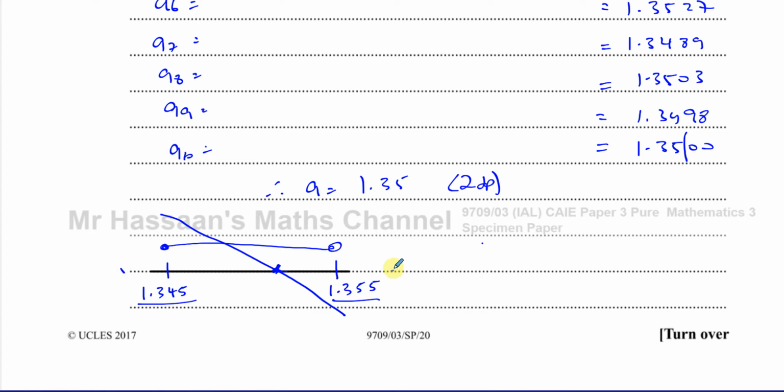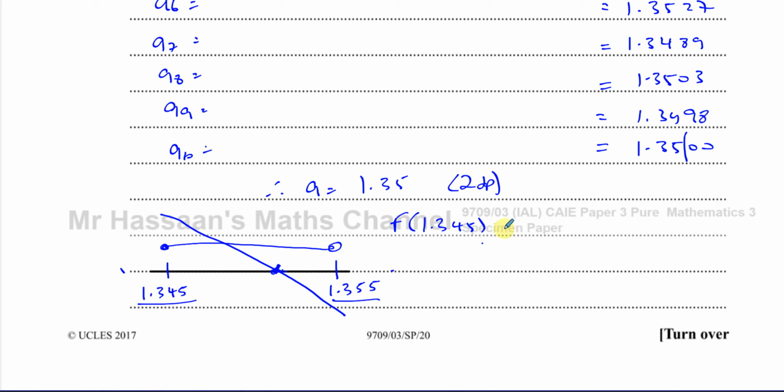If it came over there, it would go to 1.36. But if it's anywhere between those 2 values, it will round to 1.35. That's the lowest it could be, that's the highest it can be. If between those values there's a change of sign, that means somewhere between them it's crossed the x-axis.